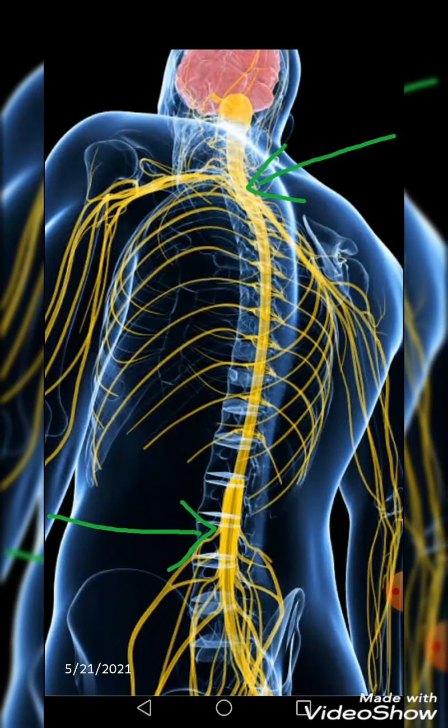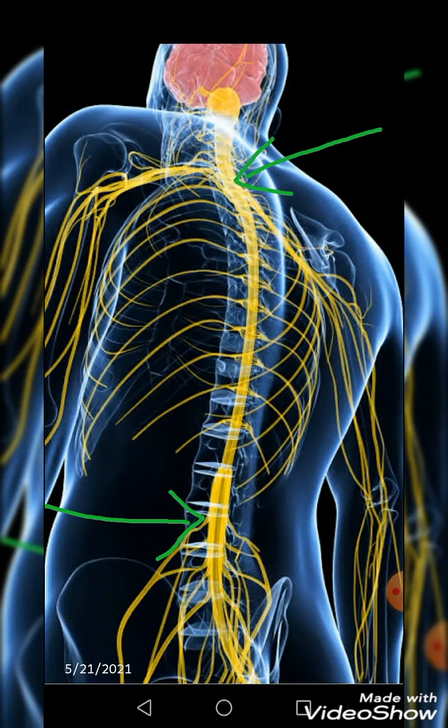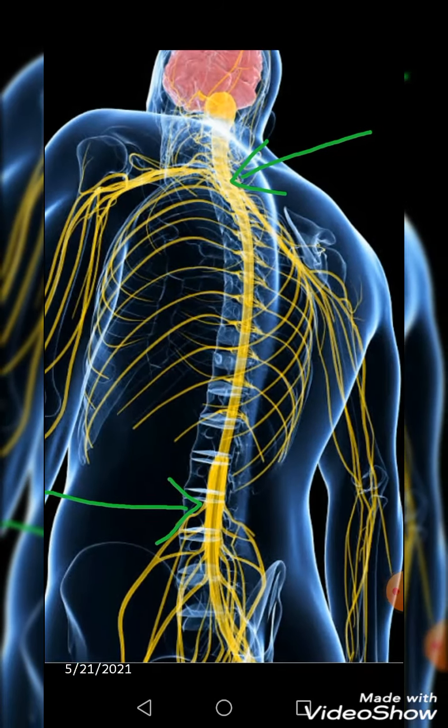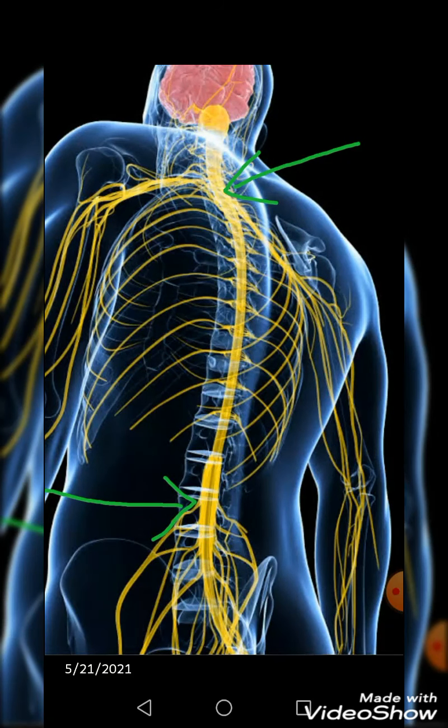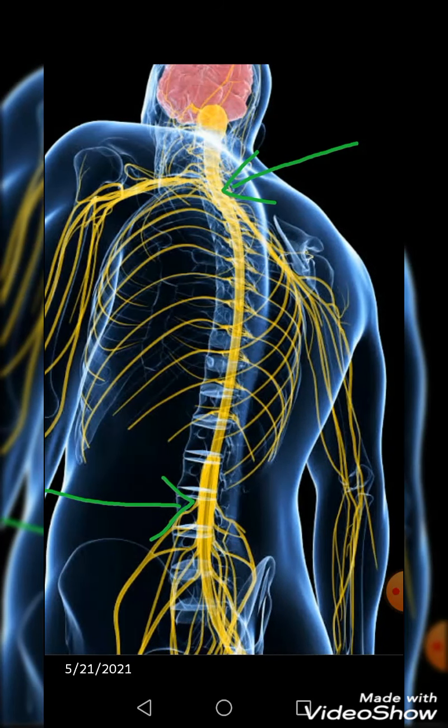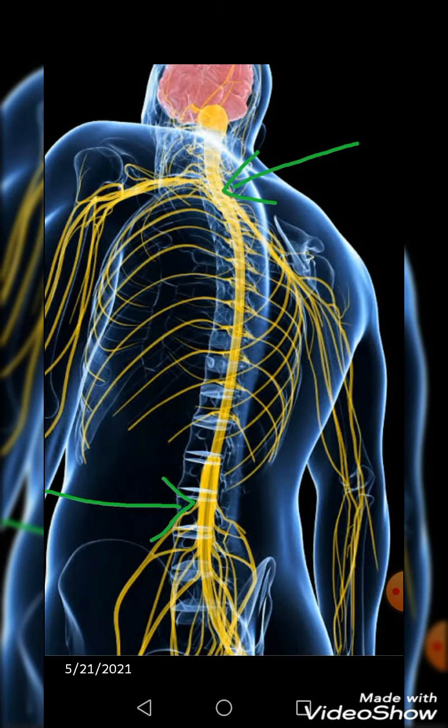During embryological development, this spinal cord is present at a higher level than your vertebral column. So your spinal cord ends in between the L1 and L2 lumbar vertebrae where the intervertebral discs lie.